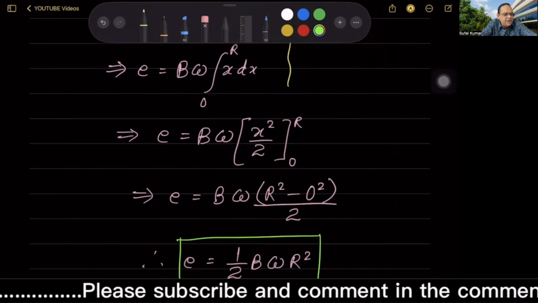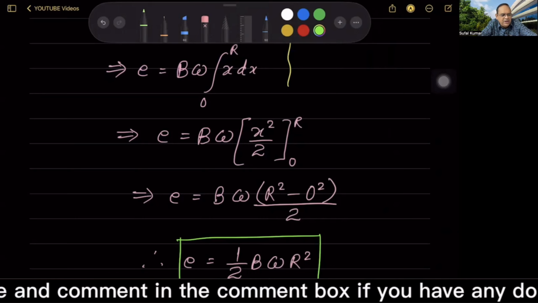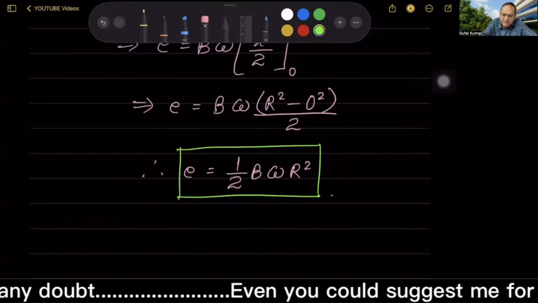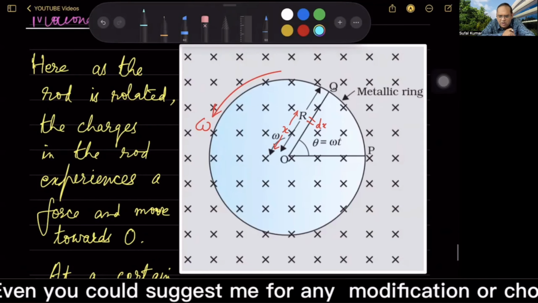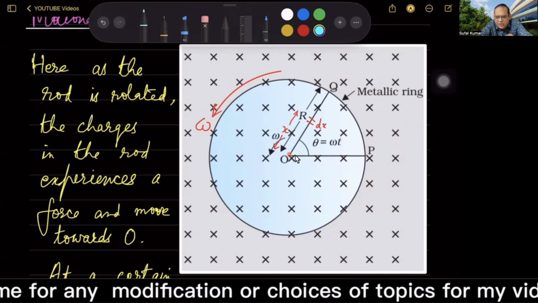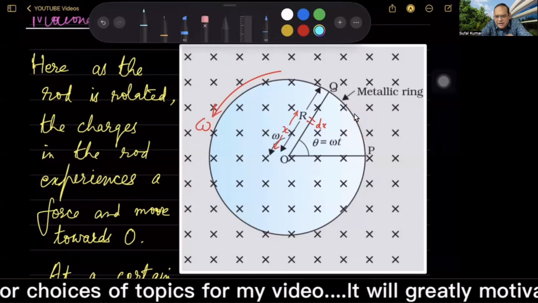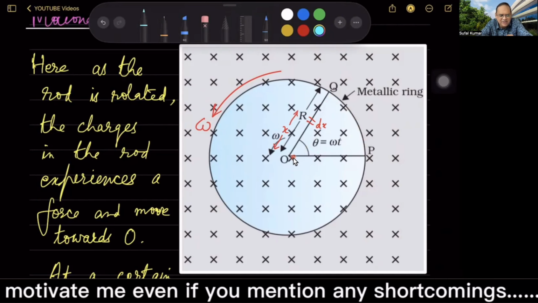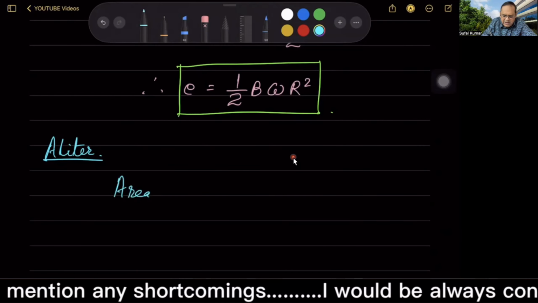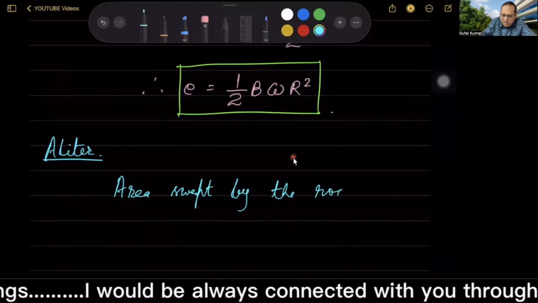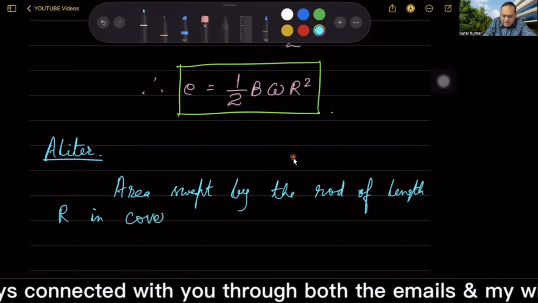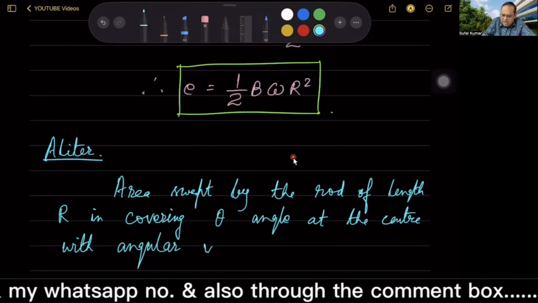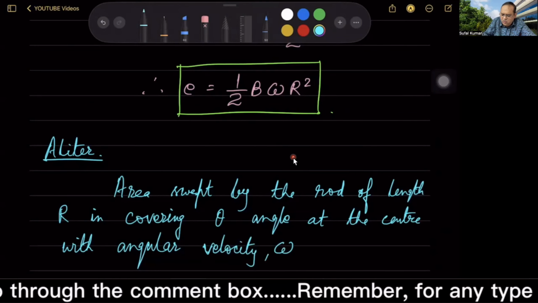An alternative method I am also willing to use, that is again very, very simple. Alternatively, consider the area swept by the rod in covering theta of angular displacement, with angular velocity omega.